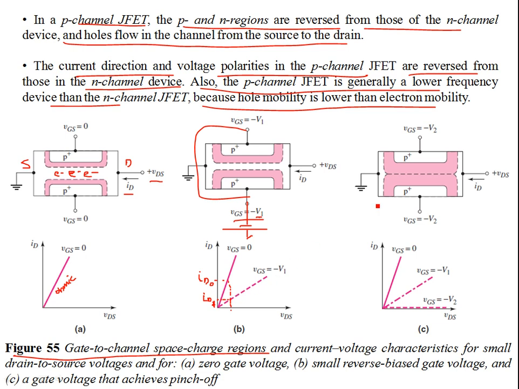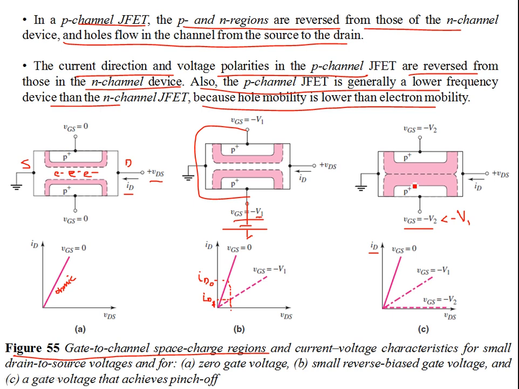Okay. But as you go on increasing VGS to a very large negative value, let's say V2, which is still less than minus V1. Okay, so it's negative. What happens is that a state called pinch off voltage has been reached. So this perpendicular electric field is so large that it pinches off the channel, thereby making the current ID equal to 0.